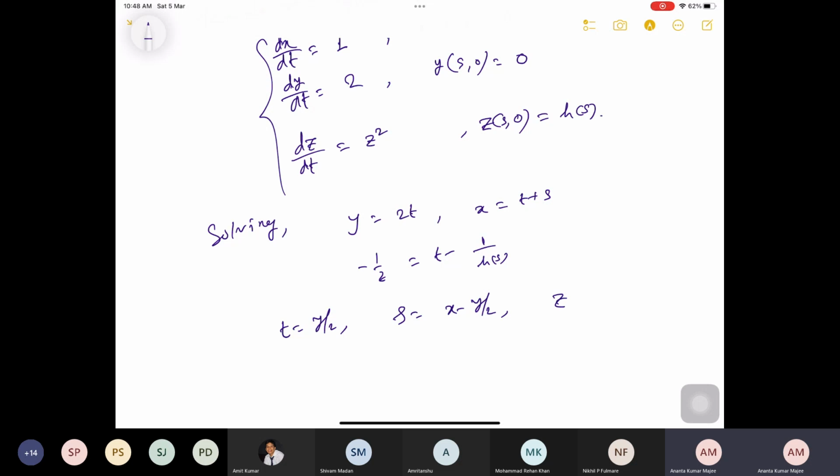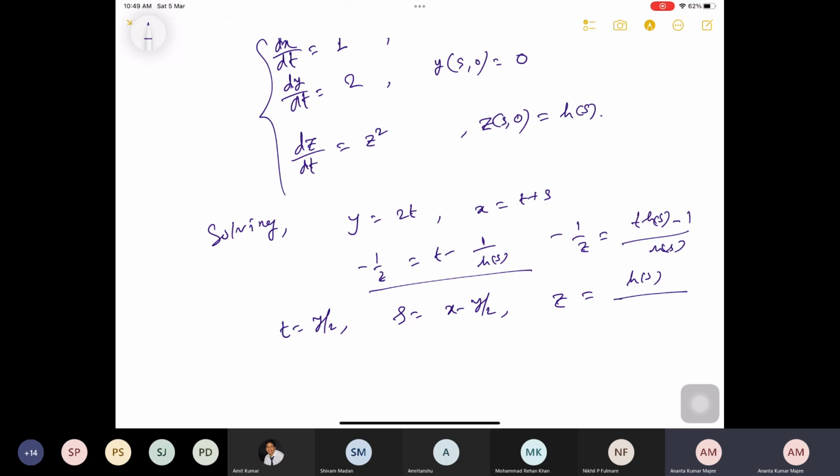Then from the third equation, z should be h of s, because from here minus 1 by z is equal to t minus 1 by h of s, and z is equal to h of s by 1 minus t h of s.